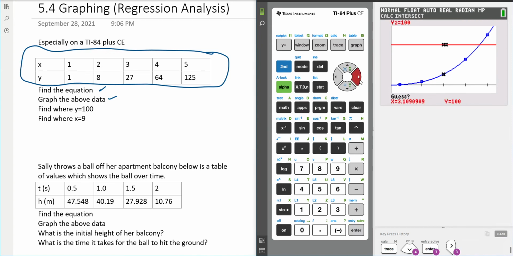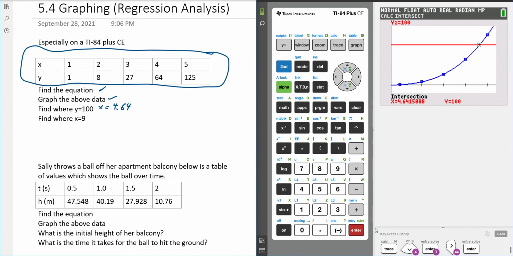The first curve is blue, the second curve is red, that's all that's showing it to you. On the calculator you can press and hold and it slides quickly. Somewhere here-ish, it says guess, so we're guessing it's roughly there. And so it tells us that x is 4.64, where y is 100.